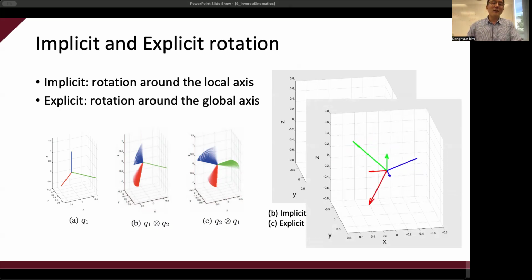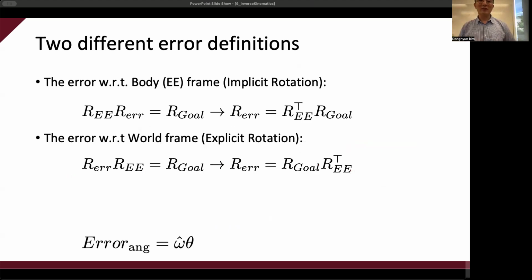If you define the error in a local frame, that is the implicit matrix form. So defining the error in the local frame has this meaning. Your end effector is here in this orientation, and by adding up the error, you're going to go to the goal.